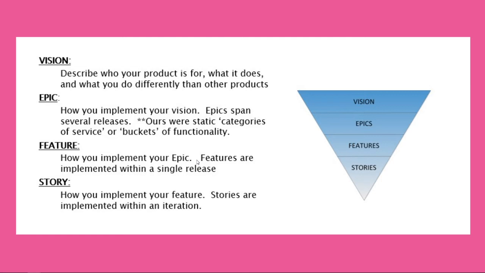For instance, the capability of being able to directly call out your database for user information automatically to be parsed within the UI. I don't mean to be too complex about it, but a feature is something that the software does. And then, of course, the user story, how you implement your feature. Stories are implemented within an iteration. We're going to get into these a little more in depth, of course.